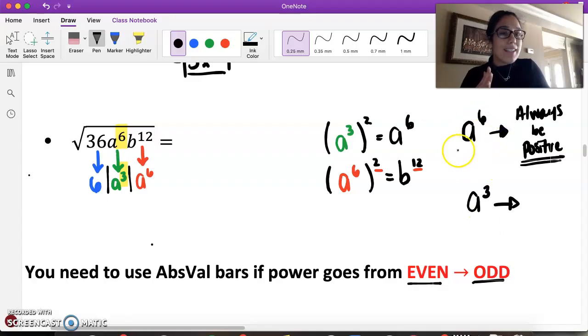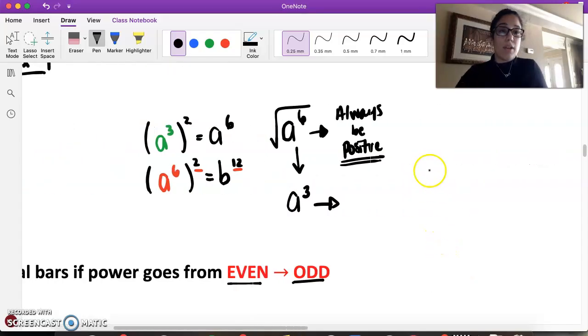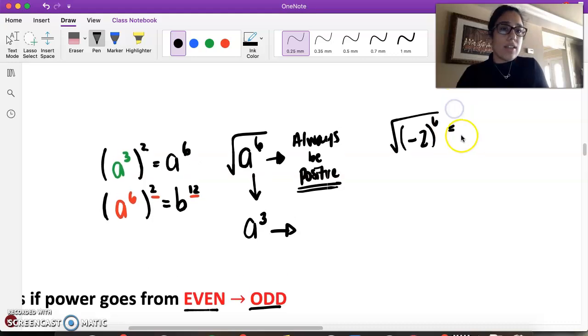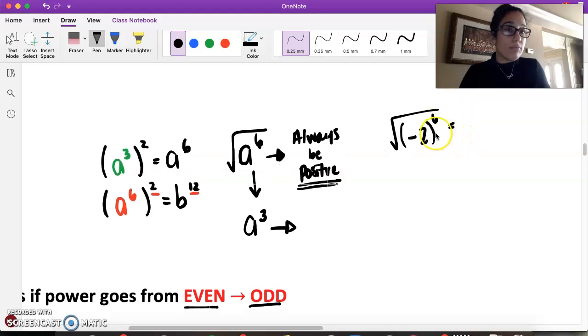So these can't be equal, because if a equals, let's say, -2, you would get the square root of -2 to the 6th, which is the square root of 64, which then becomes 8.